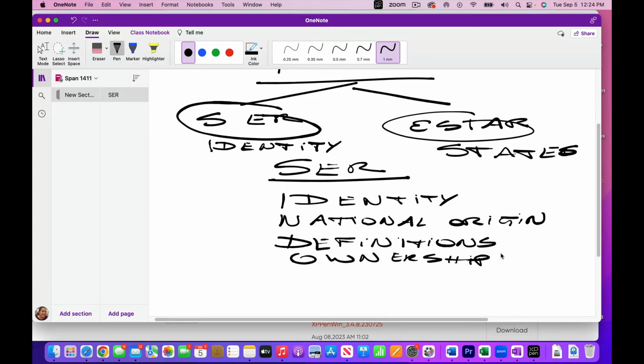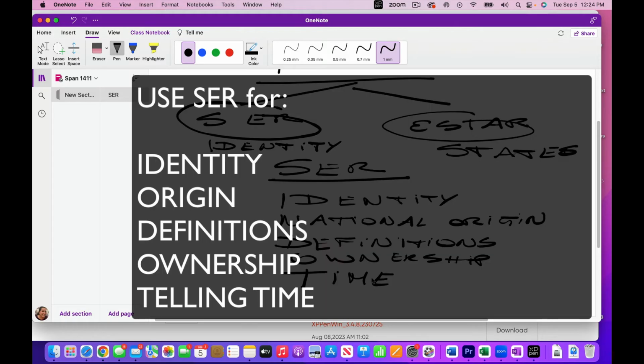So for example, if I want to say, whose is this book? Who does it belong to? And the book belongs to Patricia. I would say, it is of Patricia. And you learn how to do that in Spanish in a minute. And the last one is telling time. Okay? So that is what we use ser for in Spanish.